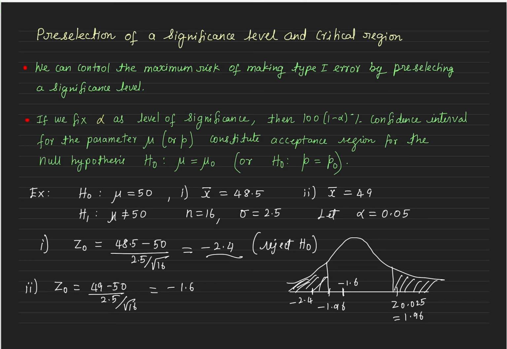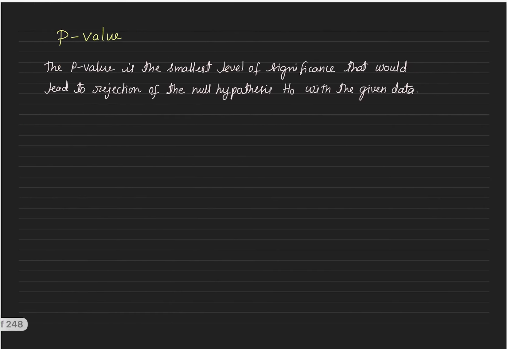If x bar is equal to 49, we don't reject the null hypothesis. That is, we don't have enough evidence to say that we need to reject the null hypothesis. Do not reject H naught. This is the conclusion. That is, once we have this test statistic, we can draw the conclusion. We can say whether we reject the null hypothesis or we do not reject the null hypothesis.